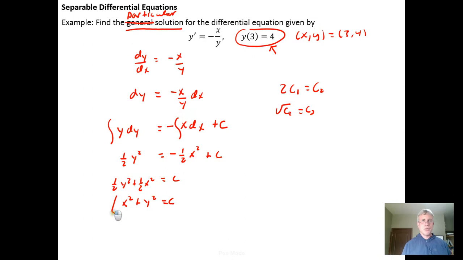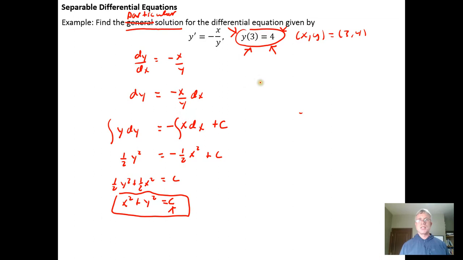So this is the general solution because it has the constant of integration in it. But when we're given some initial conditions for x and y, we can actually then solve for that constant of integration.